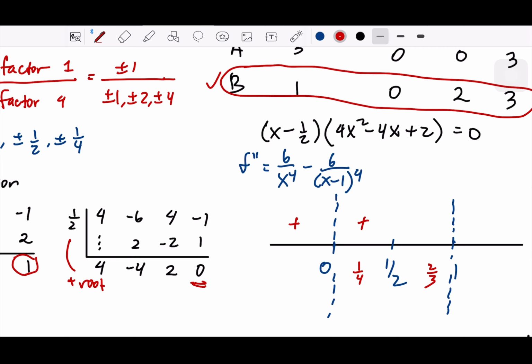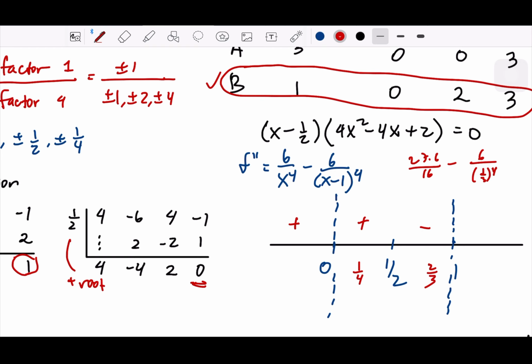Now we need to check this. So 16/27, 16/27, so 27. Now the left is less than the right, if you think about it. So it should be negative.